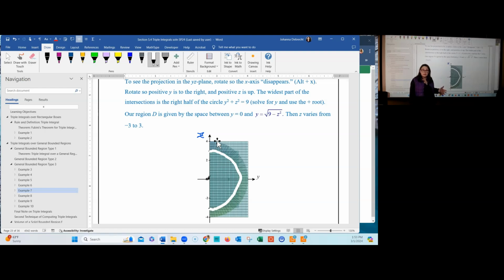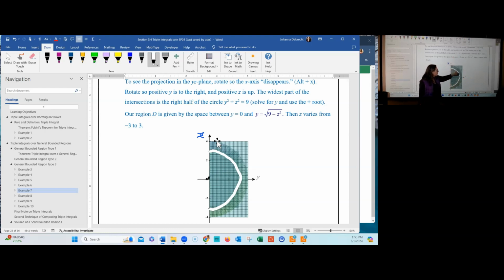It's still going to be a semicircle of radius 3. Setting the x to 0, we get y squared plus z squared equals 9, which just tells us it's a circle of radius 3. So we're dealing with half of that circle. And if we're projecting into the YZ plane, the y becomes the horizontal axis and the z becomes the vertical.